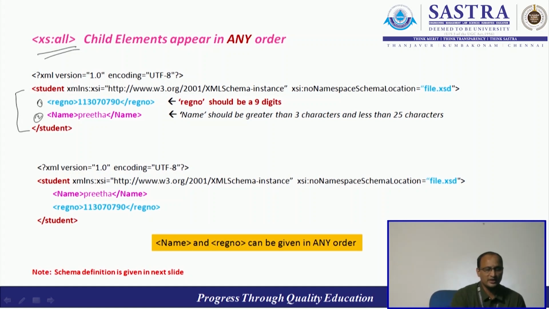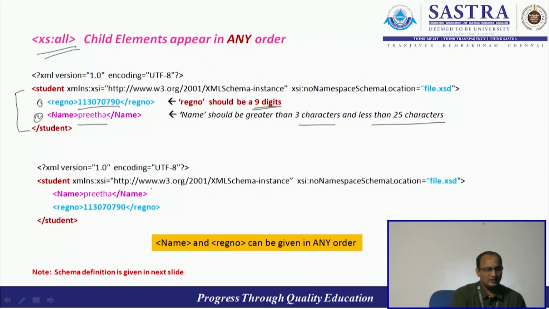The register number should be a 9-digit number, which I have given correctly. And the name, Preeta, should be greater than 3 characters and less than 25 characters. These are the restrictions given for the elements. What are the elements? Name and register number.